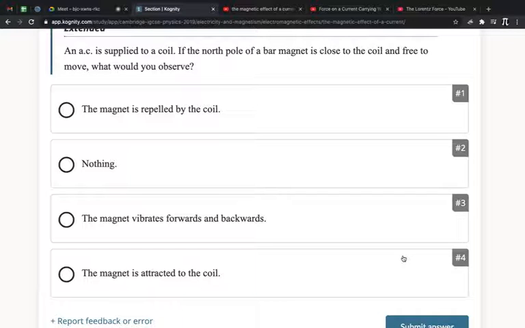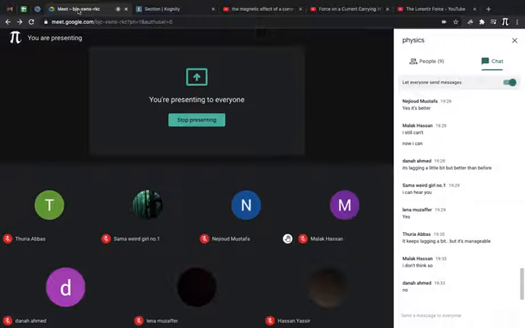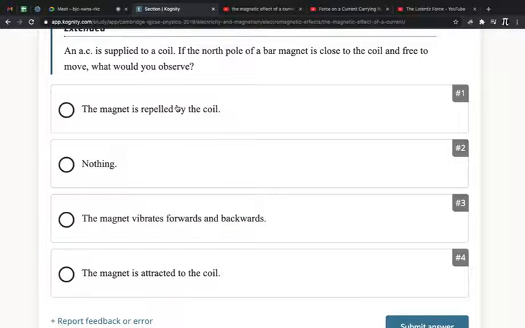Okay, Najud, your hand again. 1. The magnet is repelled. Okay. Why will the magnet be repelled? Maybe it's attracted. Or maybe nothing happens.